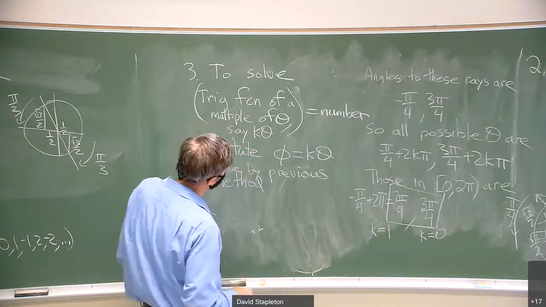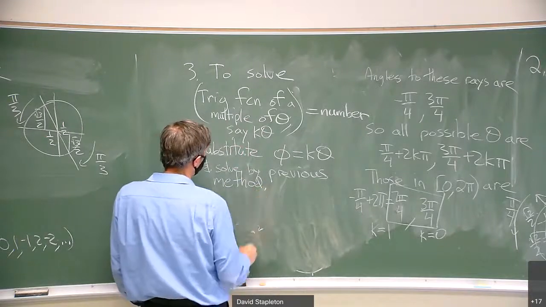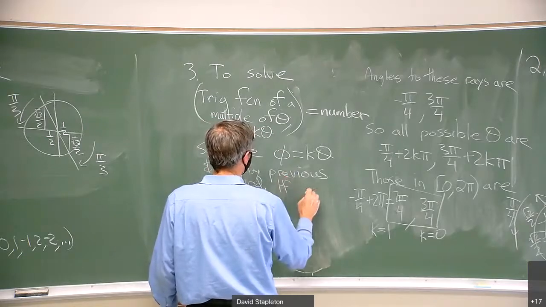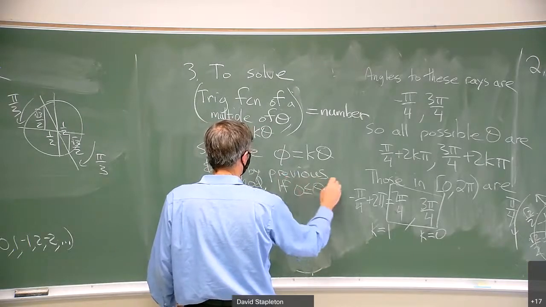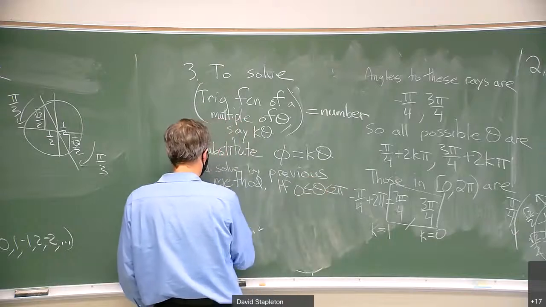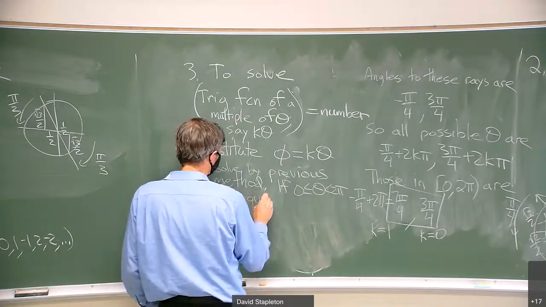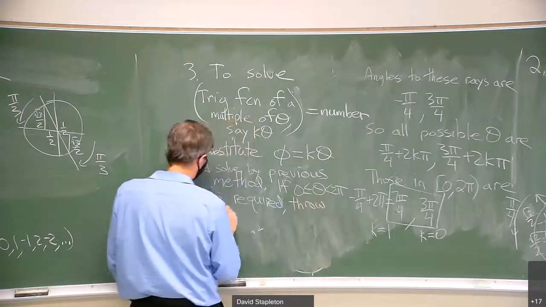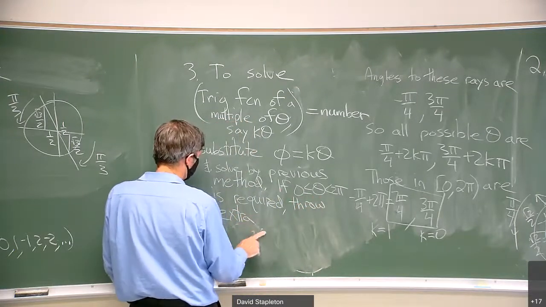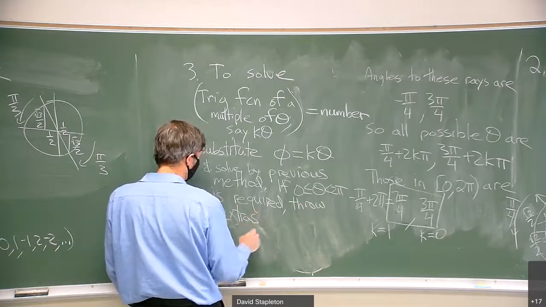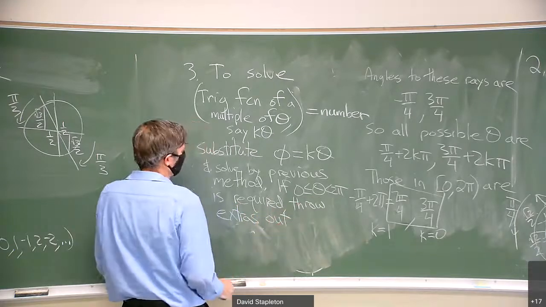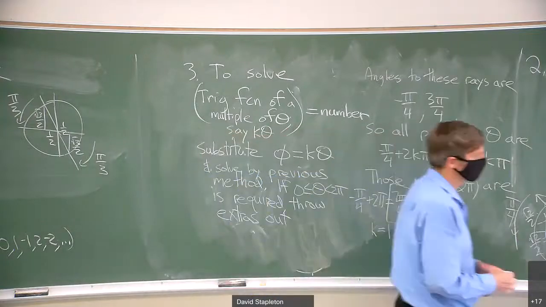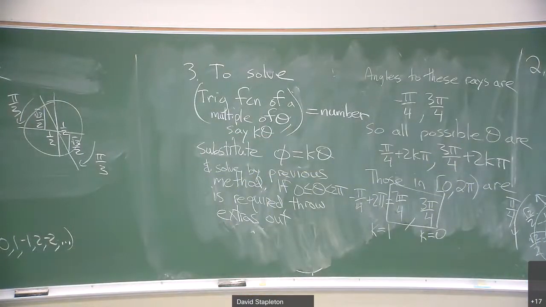Now, if you're restricted to 0 to 2 pi, throw out angles not in 0 to 2 pi. Now you're going to see that finding all of them and throwing out the extras is kind of nice, because this one is harder to visualize when you have a multiple of theta.